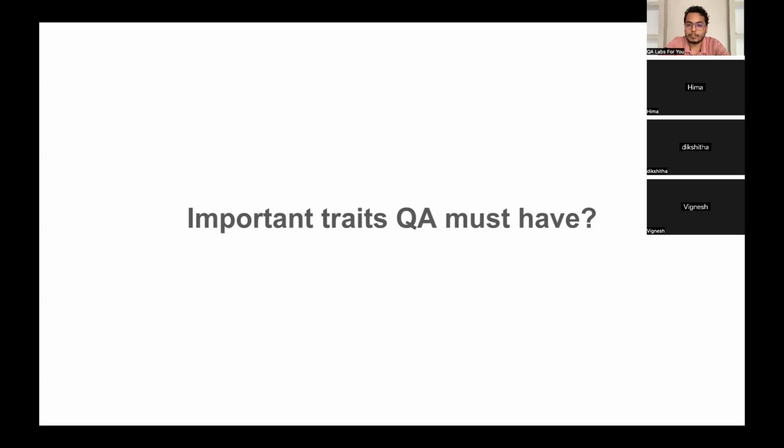We are special. So what do you think, Dikshita? I think we must think according to customer or user requirements, and we try to break the software. We should always try to think in a negative way while testing the software.